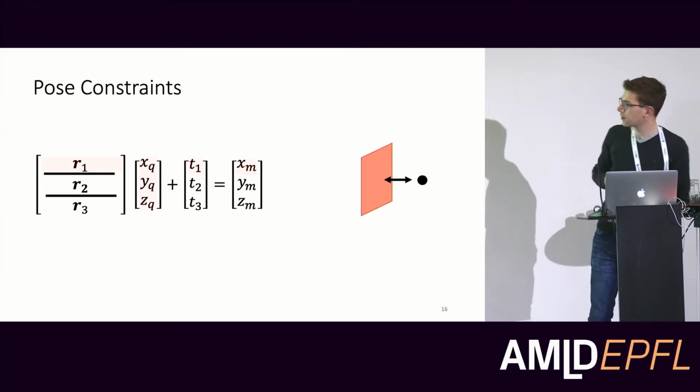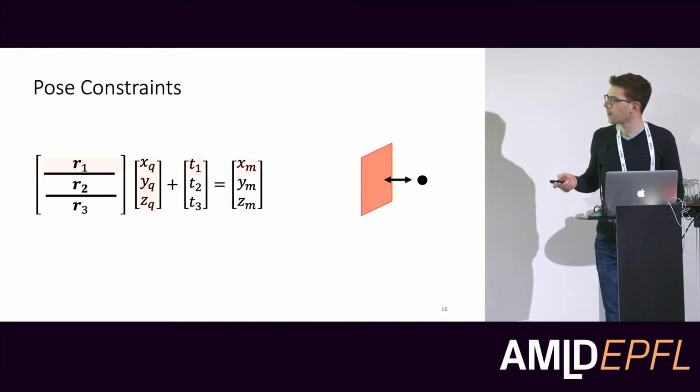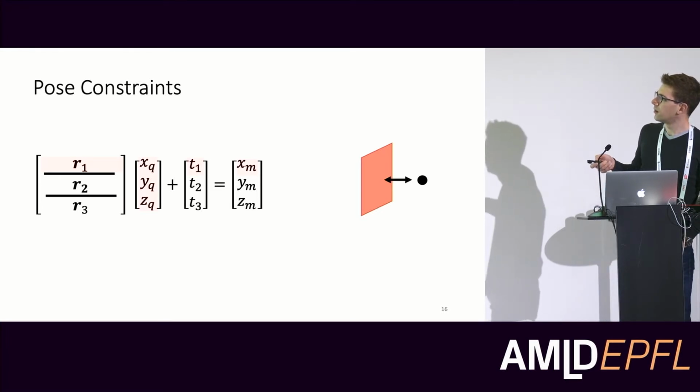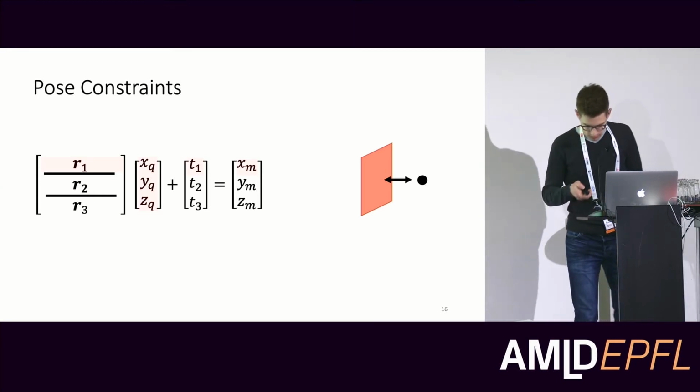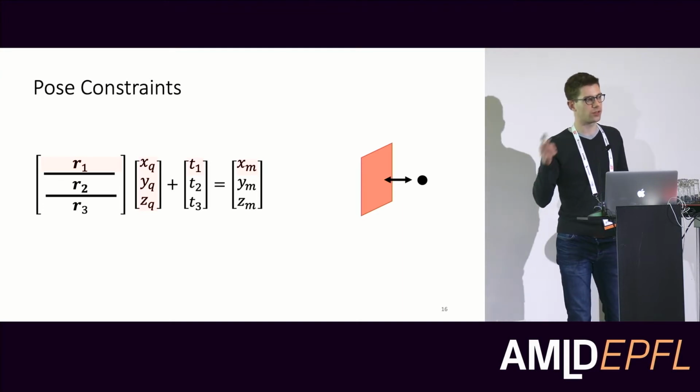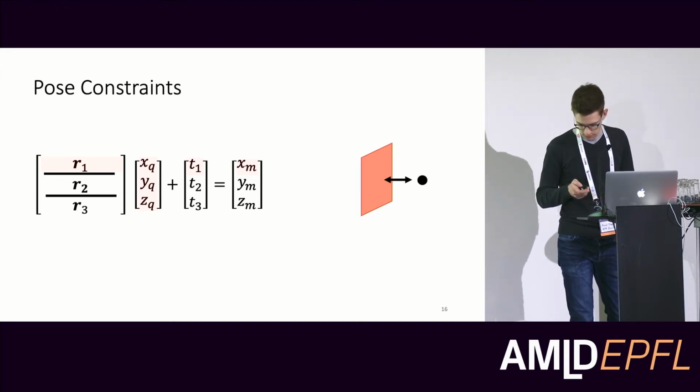If we look at this a bit more closely, we can use this first row of the rotation matrix, multiply it with a point, add one translation, and we get this x here. So we can extract the constraint for a single dimension out of this whole thing.